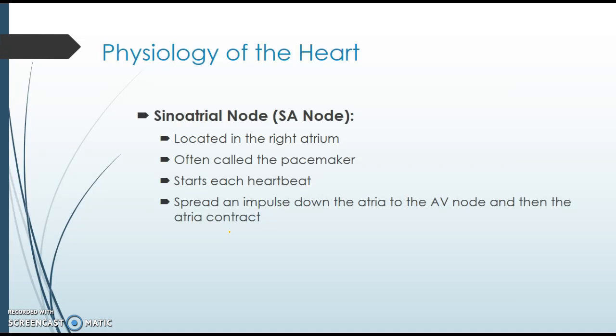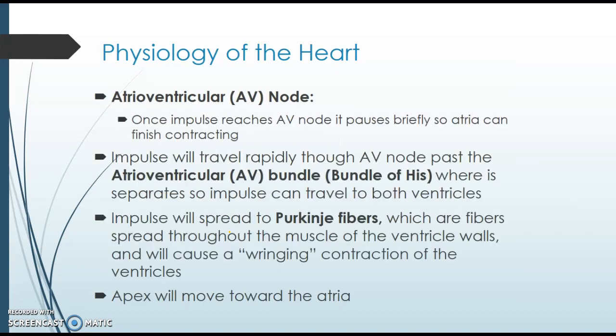And once this depolarizes and you have an impulse, it's going to travel down to what we call the AV node. Your AV node is basically what's going to cause the rest of the impulse to travel through the heart.